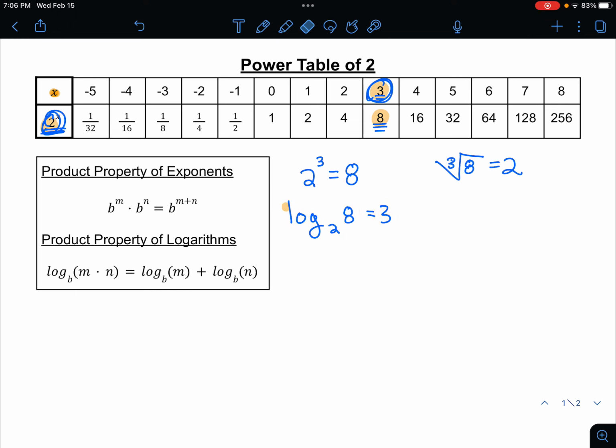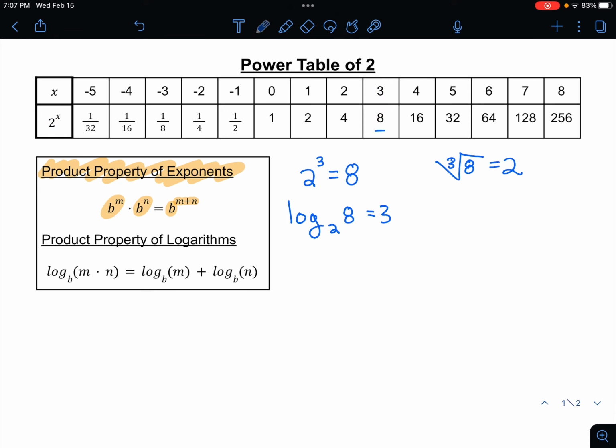Now before we do that, let's look back at the product property of exponents. We know that some base raised to some power m multiplied by that same base raised to a different power n gives us that base to the power of m plus n. And the power table helps us really see this.